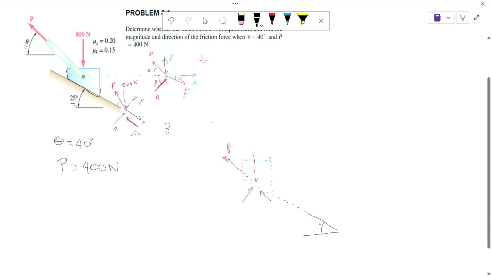So let's try and find out what we know. The first one is pretty easy. This one is 25 degrees, which is right here. Let's fix this a little. 25.